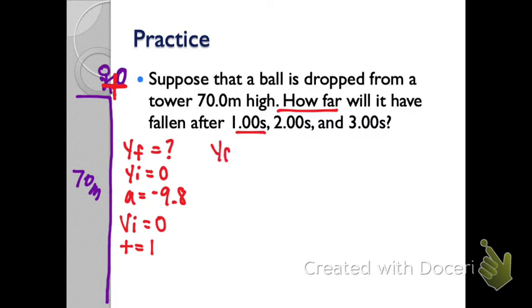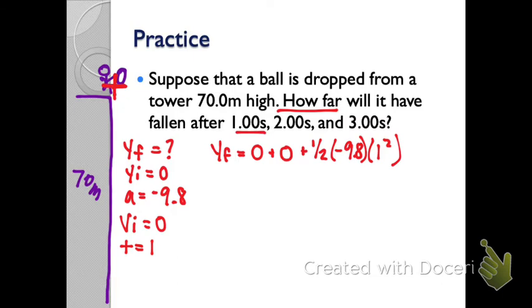Y final equals y initial plus vi times t plus 1/2 a times t squared. Right? Having an initial velocity of 0 really makes this equation very easy, right? You can drop out really those first 2 terms because initial velocity times time is still 0.